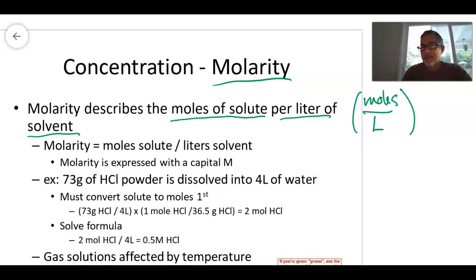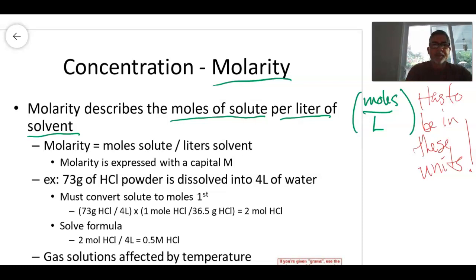If you have grams of solute, you have to go to moles first, and if you have milliliters, you have to go to liters. So it has to be in those units. Okay, so molarity and molality.